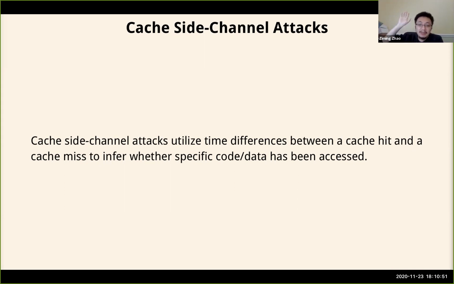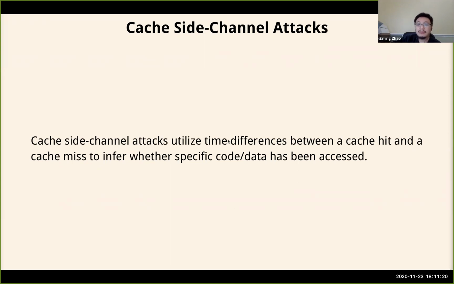If the data was not brought into the cache by anyone else, then when you want to access the data, you have to retrieve it from memory, and it will be quite slow. Using that timing information, you can know whether anyone else has been accessing data. Just using that information, you can do a lot of things.